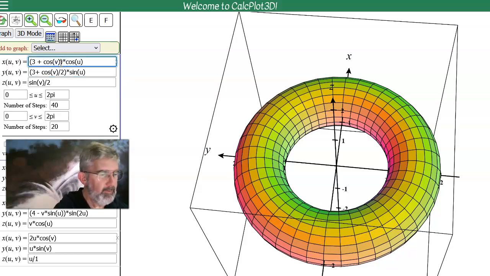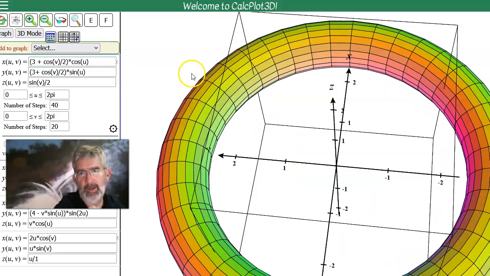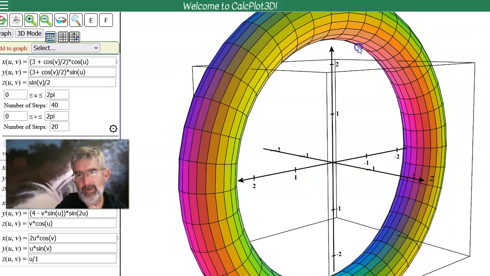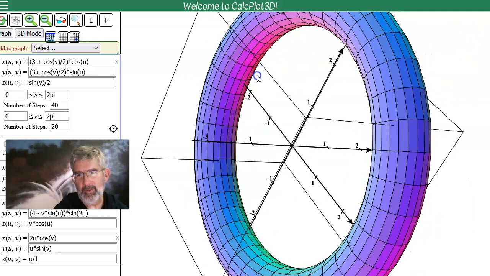Let's try this. There we go. That's still got the radius of 3 to the center of that torus, and then I only have a radius of 1/2 for the other direction of the circle.